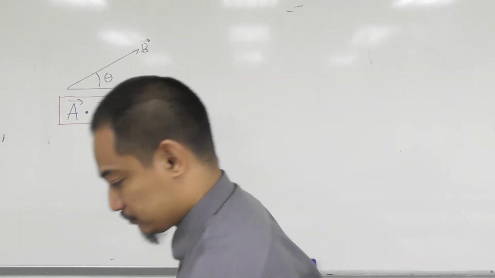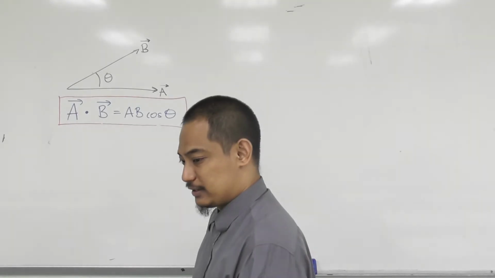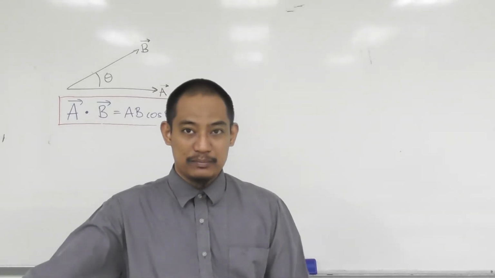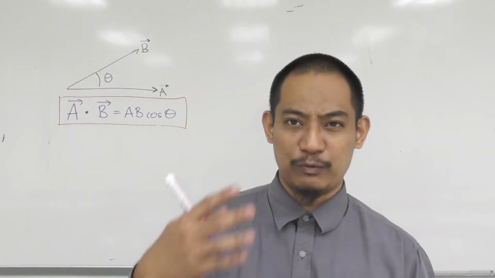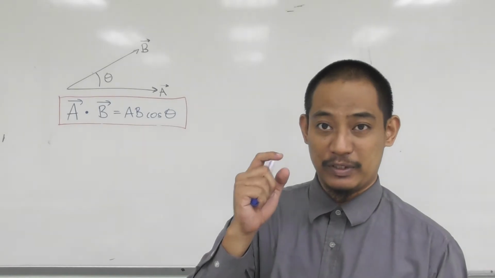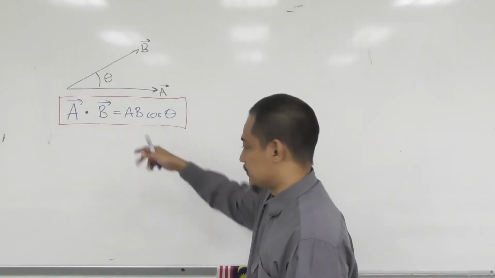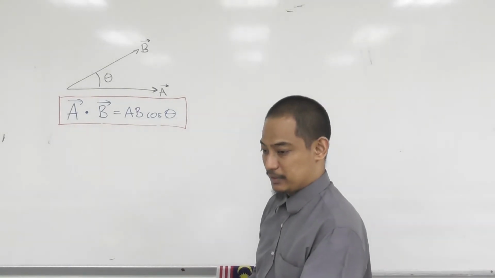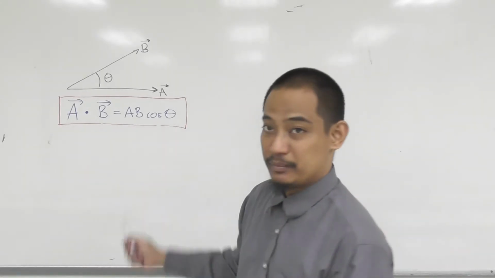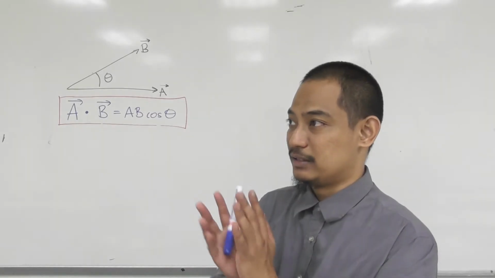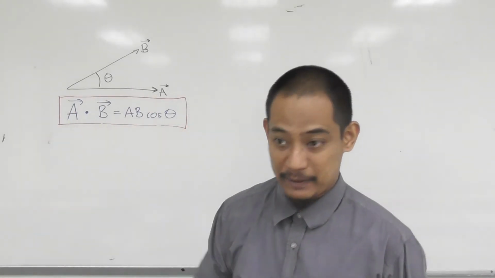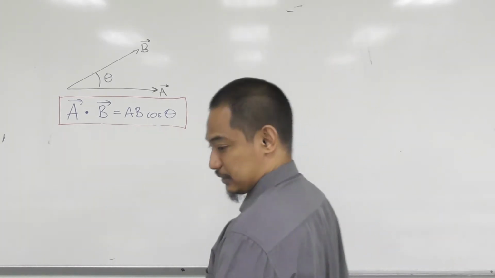Now, to get theta, again, in any given problem, make sure you can decipher what the important points are. So in this case, I need to determine theta, I can use dot product. Dot product is A dot B equal to AB cos theta, meaning I just need the two vectors.